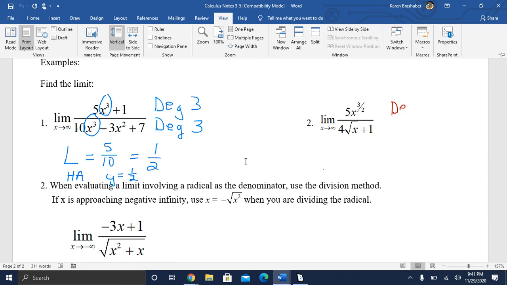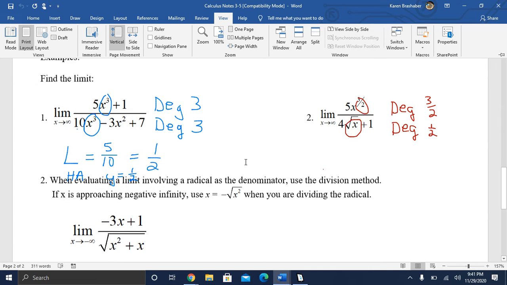So this has a degree of 3/2 when you look at this exponent, and then your denominator here has a degree of 1/2 because it's the square root of x. So the degree of the numerator is greater than the degree of the denominator.